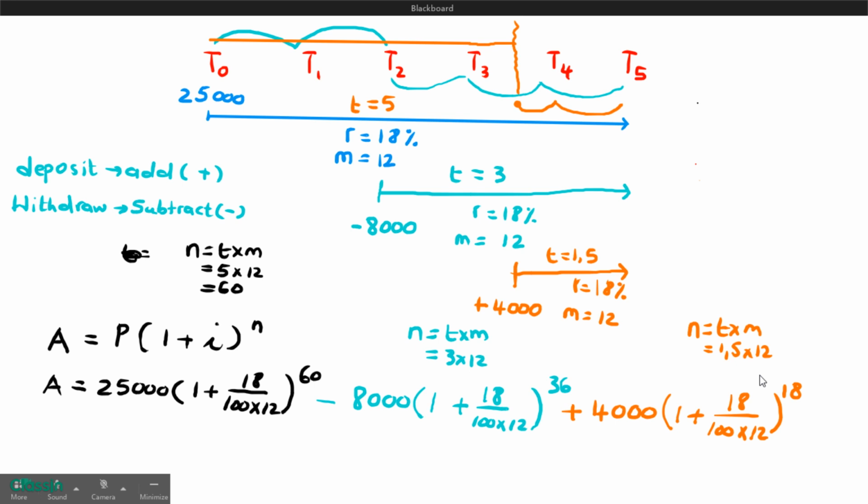Okay. Then from there, you input everything on your calculator. You put everything on a calculator.